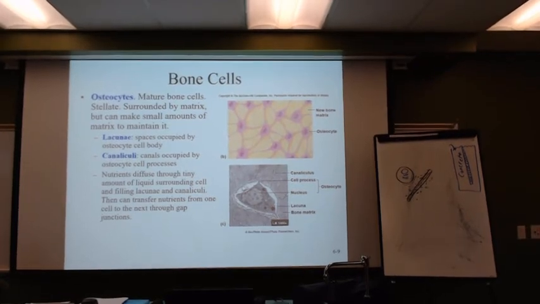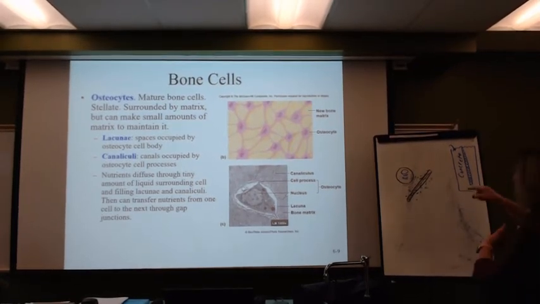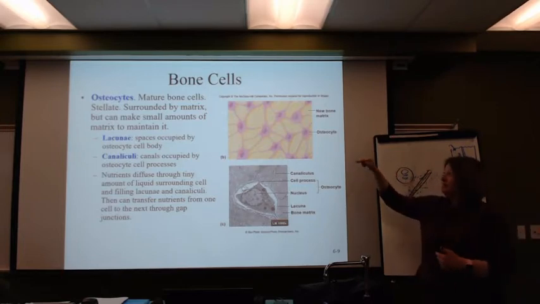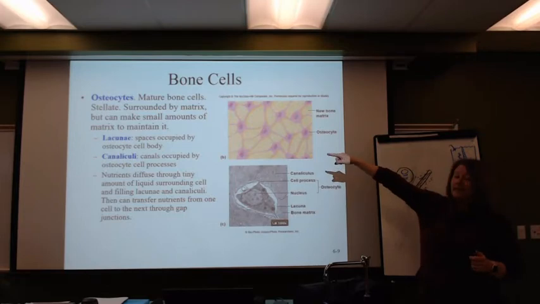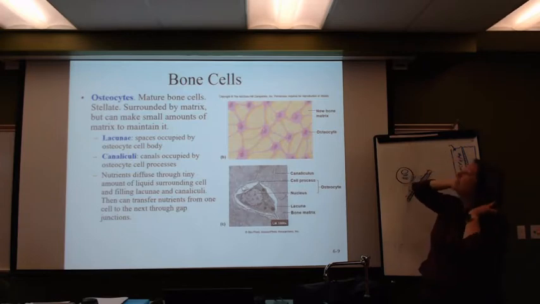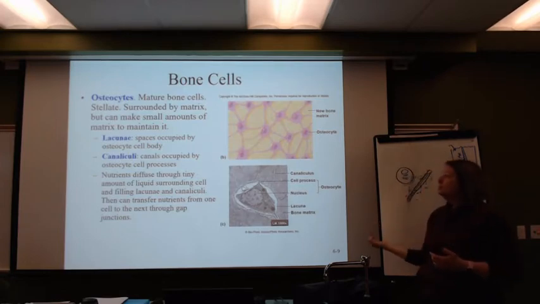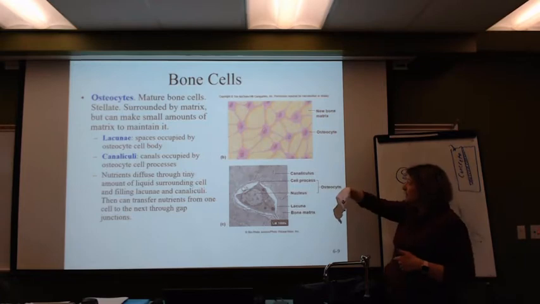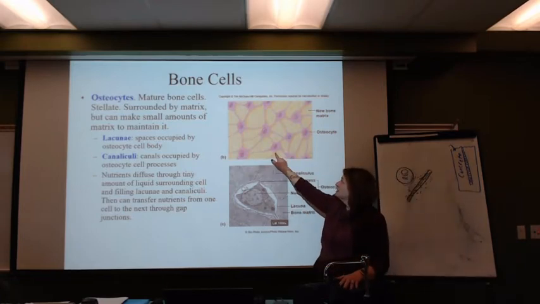So once again, the osteoblast lays down the matrix. That becomes the mature cell. When it's stuck, it becomes the osteocyte, and it is going to be found in its lacuna.